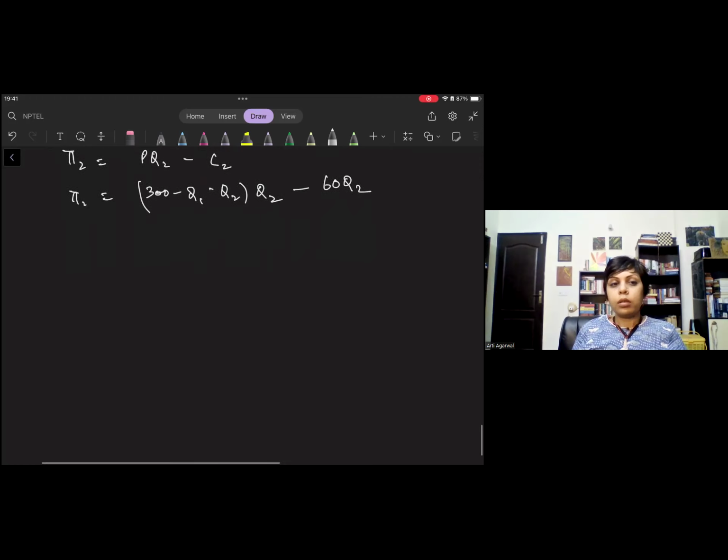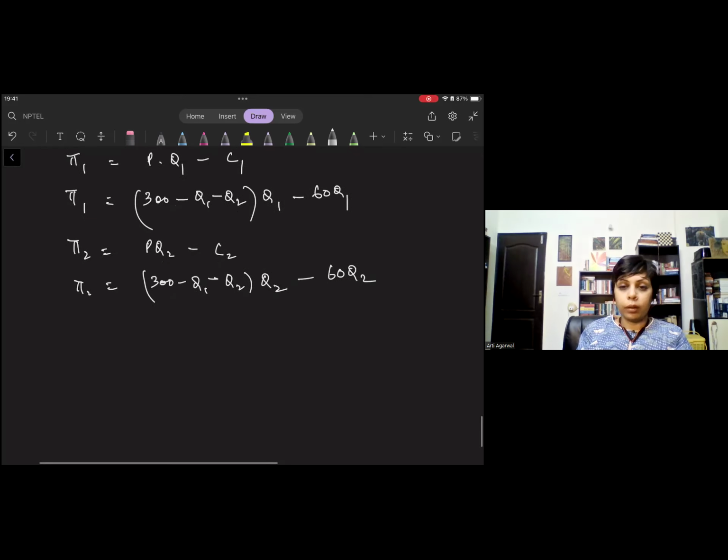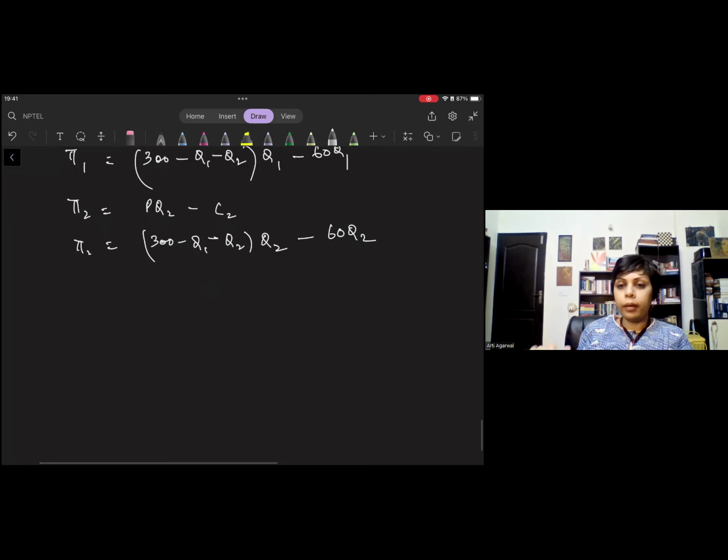Now we want each firm to maximize profit, right? So firm 1 can only choose Q1. They cannot choose Q2, right? So what you will get is Q1 as a function of Q2 when you simplify this thing.